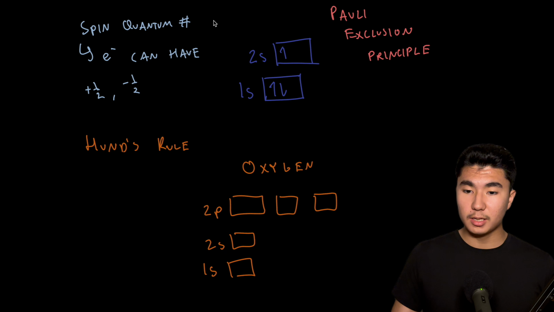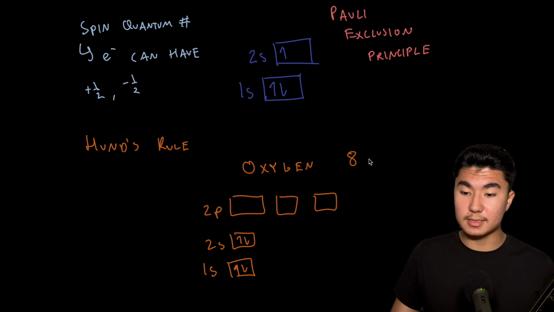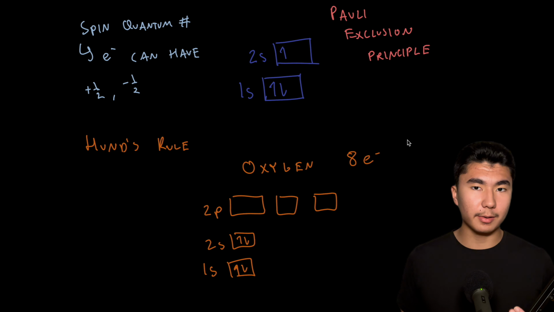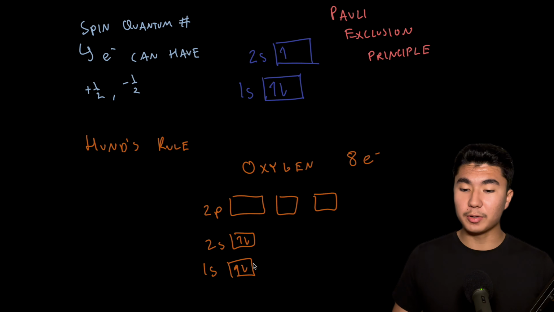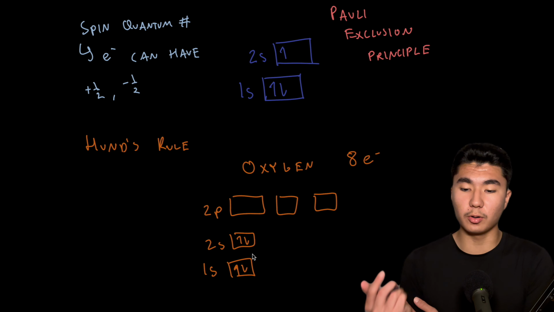Hund's rule shows us that we fill in the 1s and 2s orbitals first, so we have 2 electrons in each, because oxygen has 8 electrons, as we can see from the atomic number. That's why the atomic number is really important to understand. So we already filled 4 electrons. Now we move on to the p orbital.